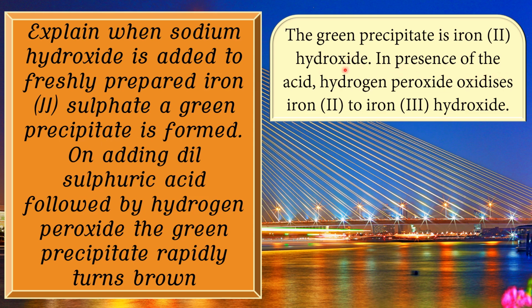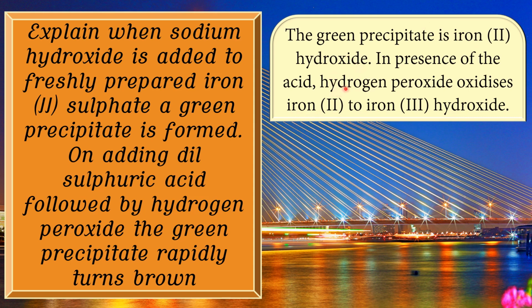Now, in the presence of the acid, hydrogen peroxide oxidizes iron 2 to iron 3 hydroxide. So we saw that on adding dilute sulfuric acid followed by hydrogen peroxide, a green precipitate rapidly turns brown. Iron 2 is the one which is in iron 2 hydroxide, a green precipitate.